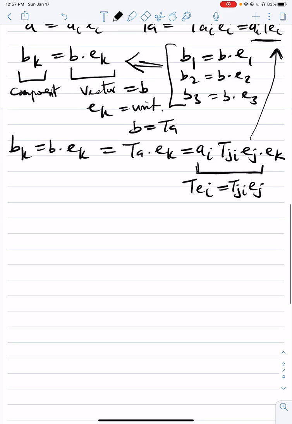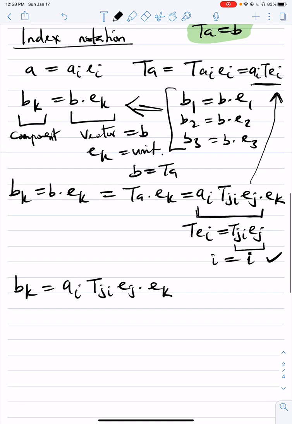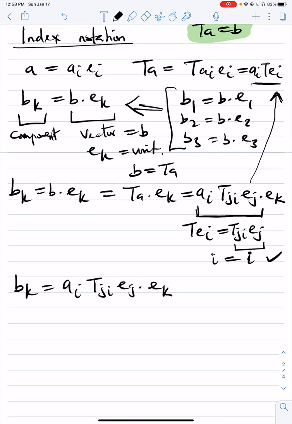If you remember what I've done in previous lectures, this is a sum over the j's, so the i is valid, right? And if you look at the other side, we have an i too. So this is tenable, right? So B_k is equal to A_i T_ji E_j dot E_k. You can pause the video if you need to understand exactly what I've done, but I'll try my best to explain and make things very clear.